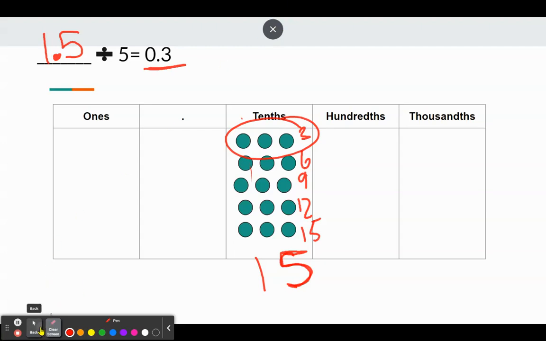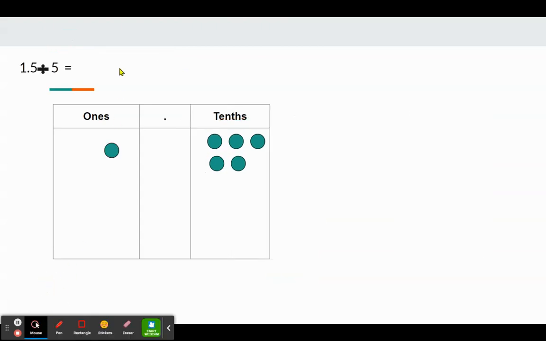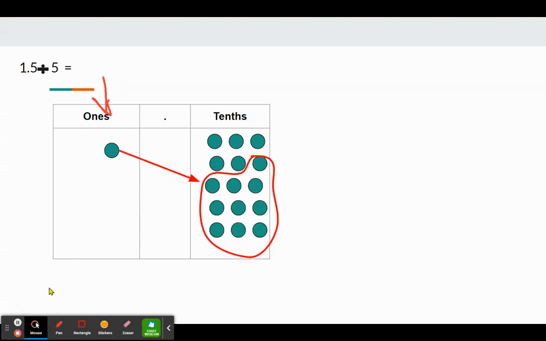All right. Now, let's take a look at this problem right here. Let me clear everything. Oh, my pen. There we go. So now I'm going to take those same 15 tenths, or 1 and 5 tenths, and divide it by 5. Let's look at what this looks like. I'm going to take my 1 and break that up and turn it into 10 tenths.